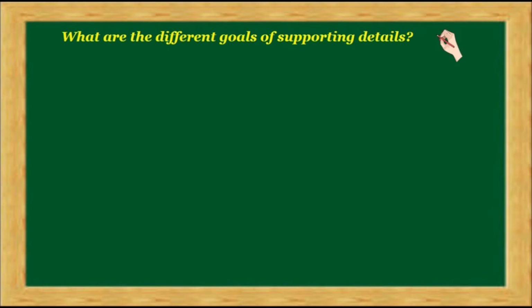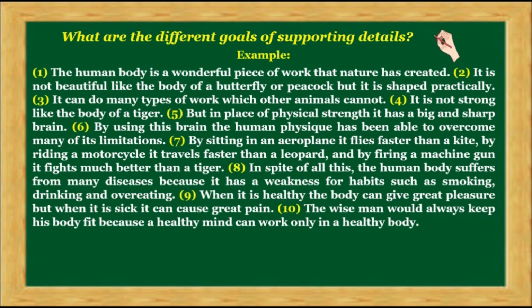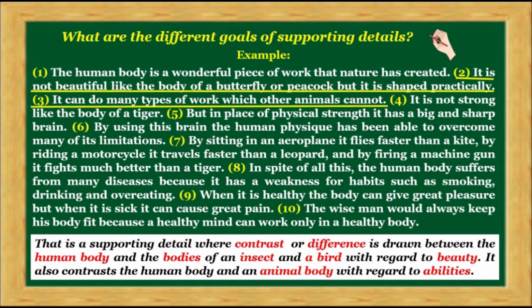Let's read the sample paragraph about the human body. In that paragraph, sentences 2 and 3 are supporting details, where contrast or difference is drawn between the human body and the bodies of an insect and a bird with regard to beauty. It also contrasts the human body and an animal body with regard to abilities.